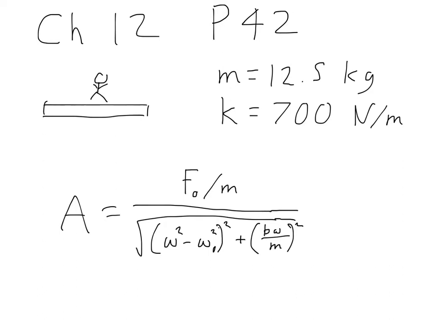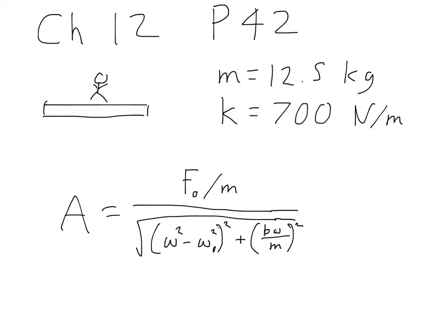What we don't know, of course, is what is the force applied, and also we're including the variable b here, some sort of damping. We don't know what that is, it's not given, so it seems like we have a lot of unknowns in this expression. But what we are trying to find is a maximum amplitude. We're trying to get the biggest possible bounces.